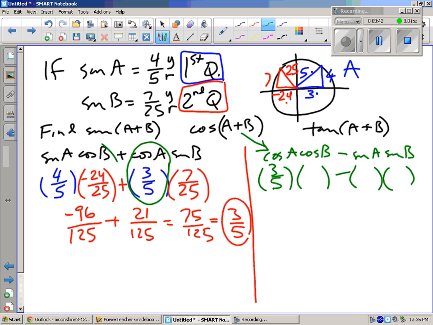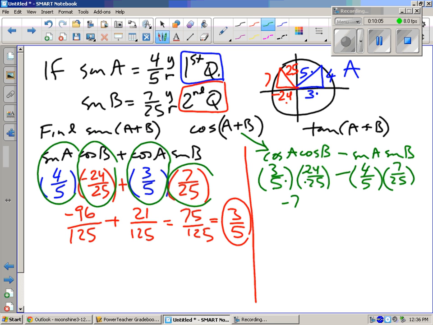Cosine of B is negative 24/25. Sine of A is 4/5. And sine of B is 7/25. All right, these two should always be different. You should never have a 5 and a 5 together, because otherwise you did something wrong.